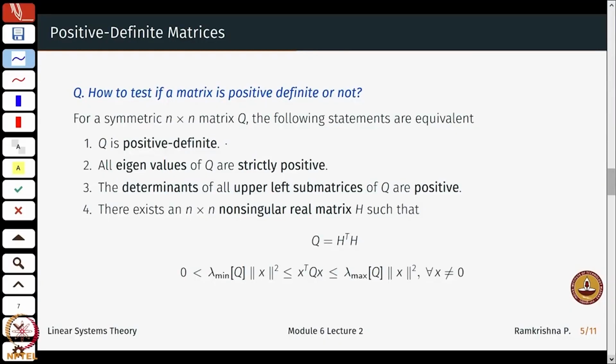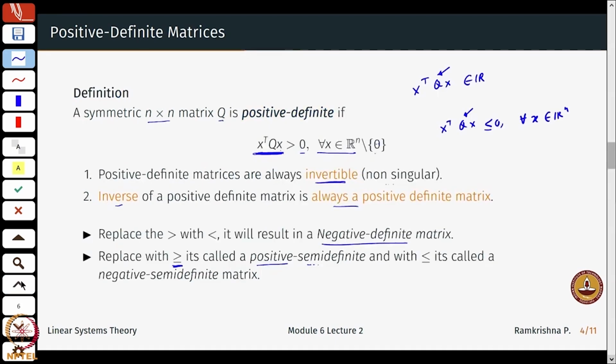Q being positive definite is equivalent to saying that all eigenvalues of Q are strictly positive. Here I am talking of symmetric matrices only, and this should be stressed.